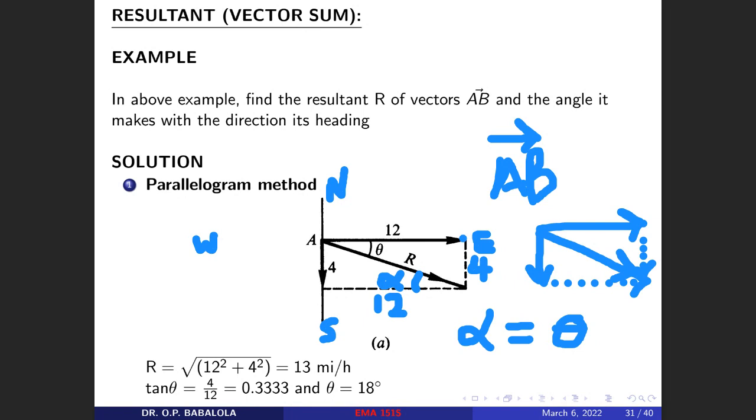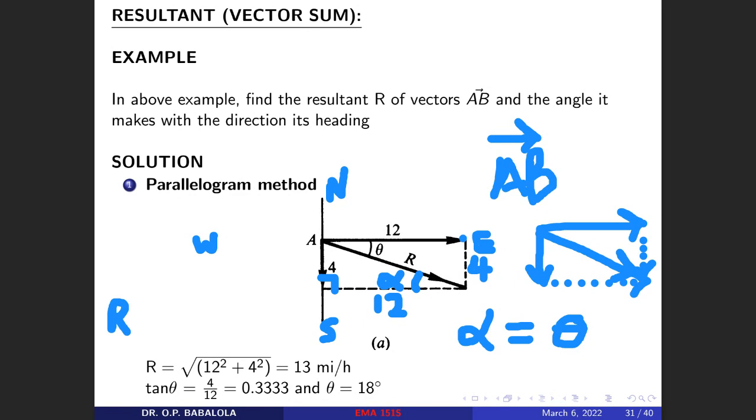And then we simply use our Pythagoras theorem to find R. Because this is angle 90, remember? Then R will be 12 squared plus 4 squared, and you take the square root of it. Why are we taking the square root?